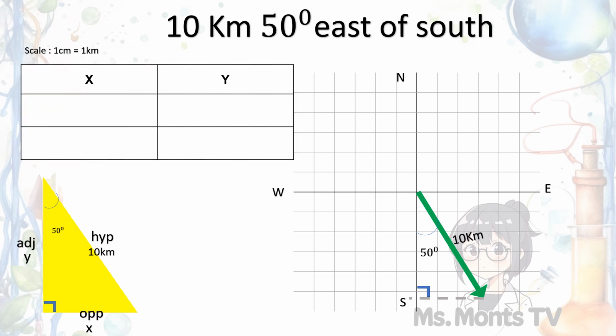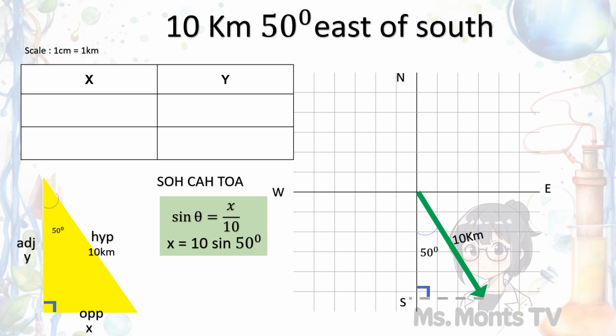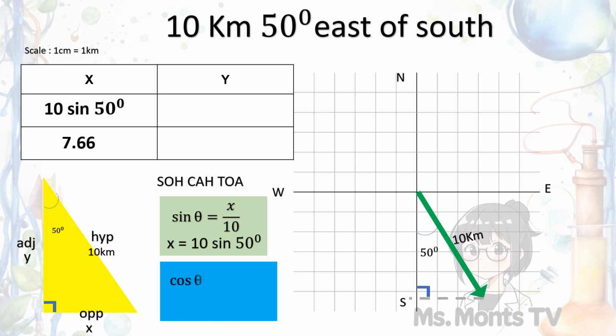Now let's resolve it into its components. So SOHCAHTOA. Sine, opposite over hypotenuse. Opposite is the x, and the hypotenuse is 10. So it will become 10 sine 50 degrees. X is going to the east, so it is positive. Now, y is the adjacent.